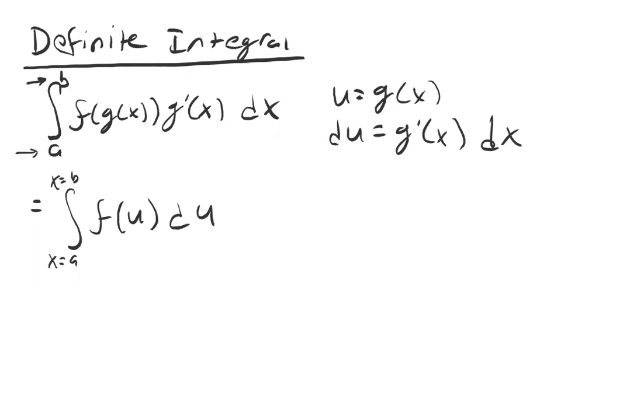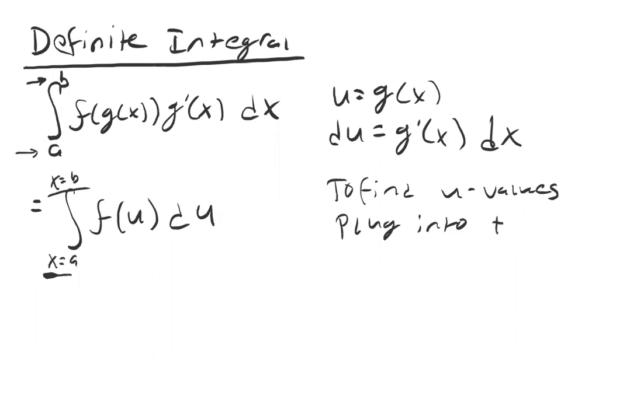So let's talk about what I usually do, and I think what's best practice unless something's really complicated. Because I'm given these values of x here, I can also figure out what the values of u are. So to find u values for the definite integral, plug into the u substitution.